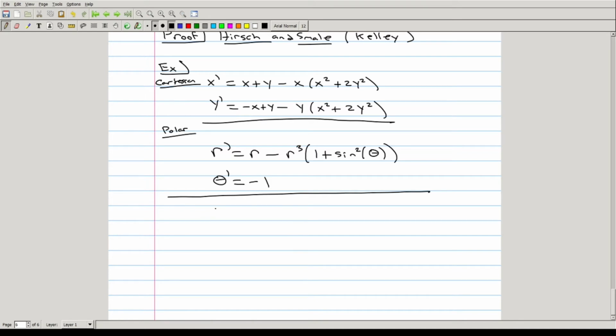So we note that on the circle r equals 1/2, r prime is 1/2 minus 1/8 times 1 plus sine squared of theta, will always be the maximum of sine of theta is 1.